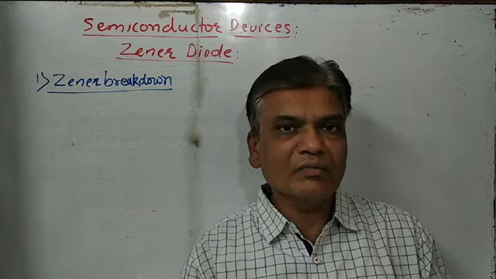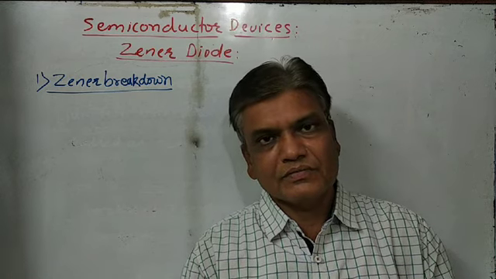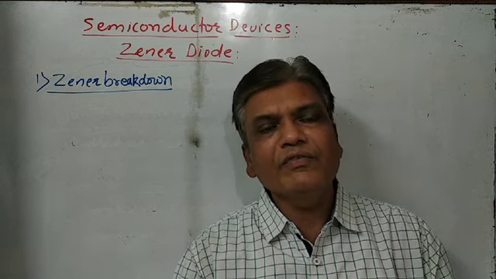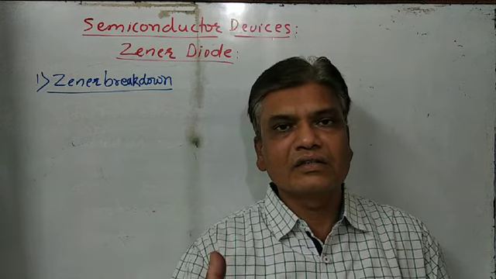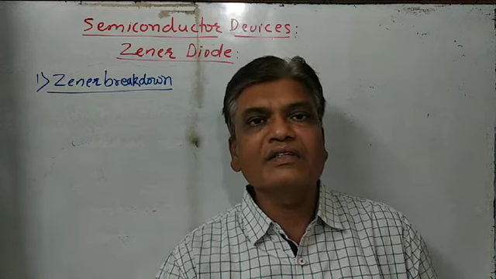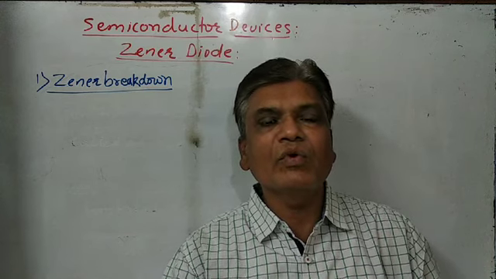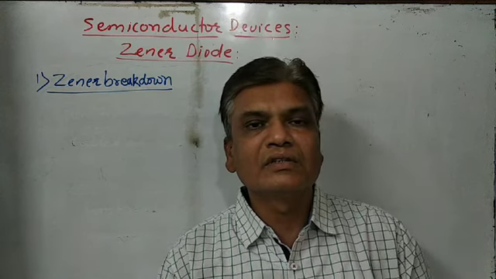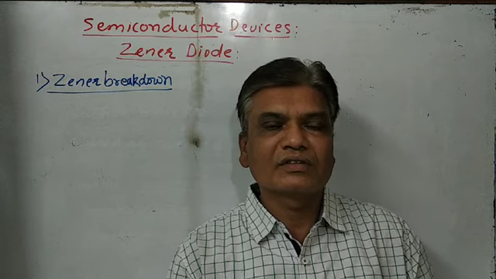If we increase the reverse bias voltage further, the electric field increases and more electrons separate from the covalent bonds.